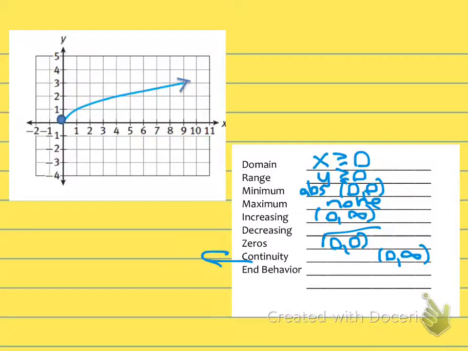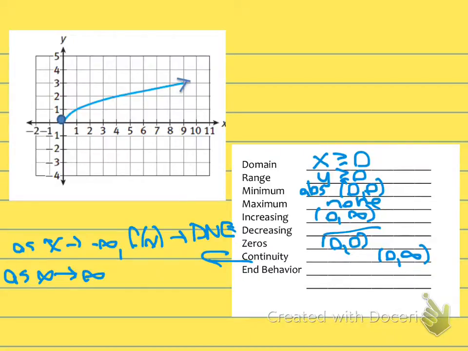And finally, let's put the end behavior over here again. As x goes to negative infinity, f of x does not exist. And as x goes to infinity, f of x goes to infinity.